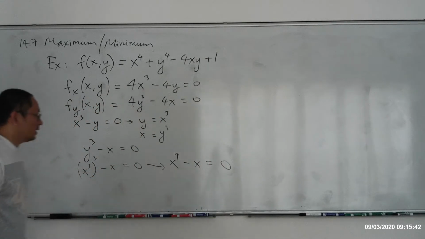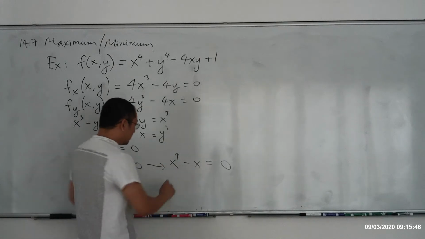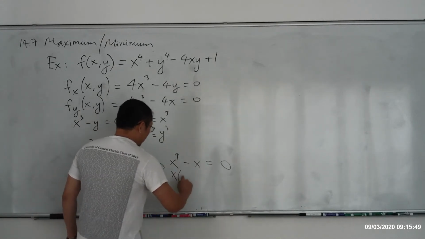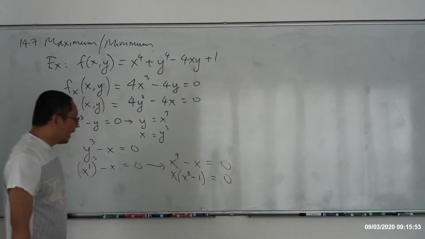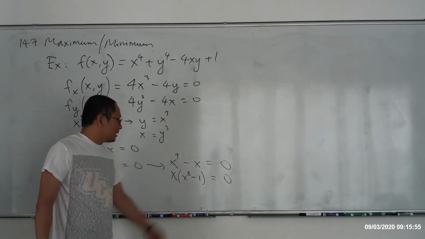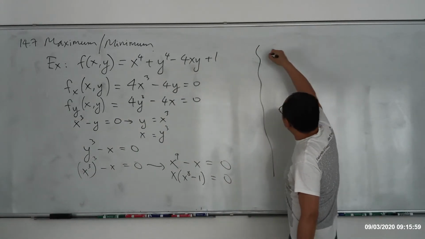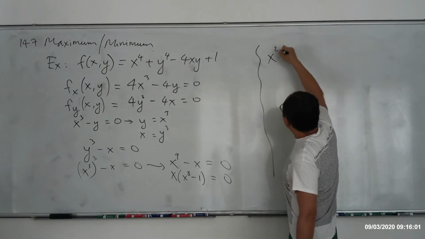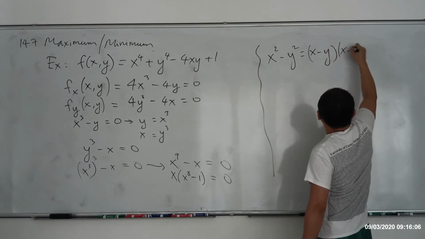Now you have to solve for x from here. This is a polynomial of very high degree, 9. I can factor the x out. So I got x times x to the 8 minus 1 equal to 0. Now I see that I can actually factor this more. I'm going to use this very popular identity, the difference of squares: x squared minus y squared is equal to x minus y times x plus y.